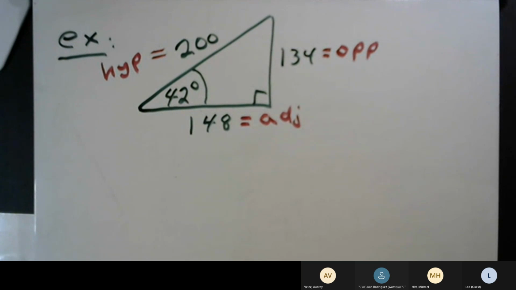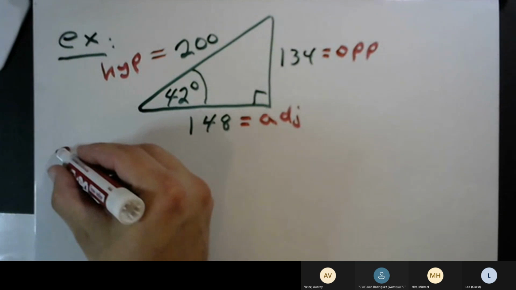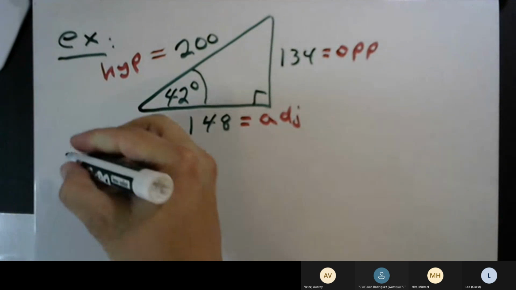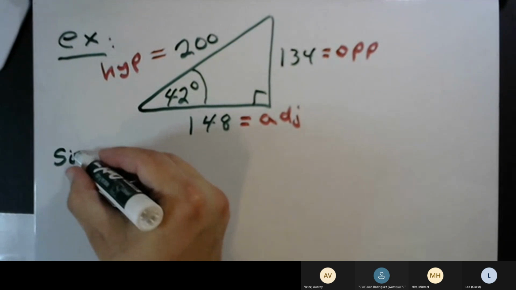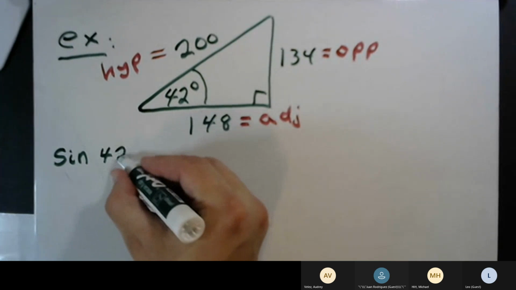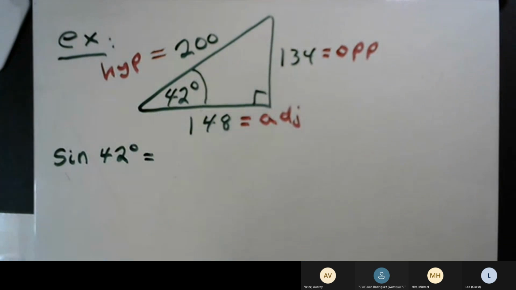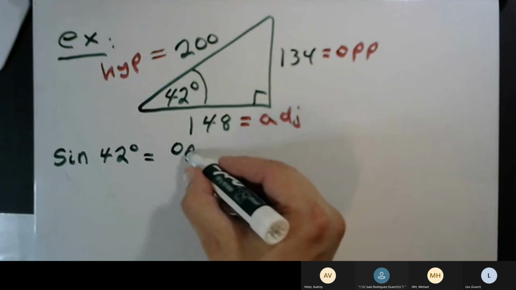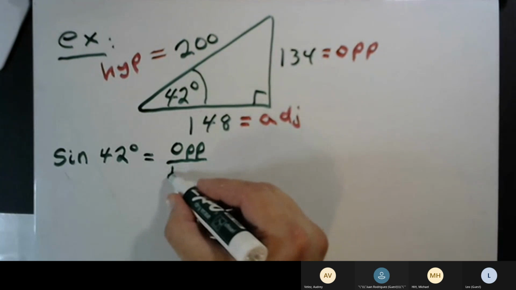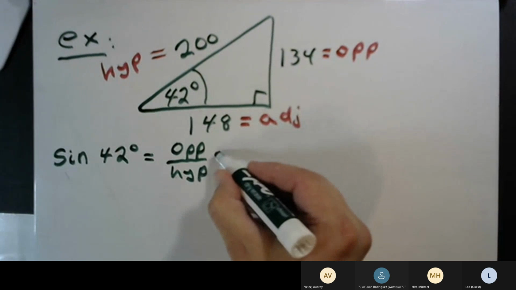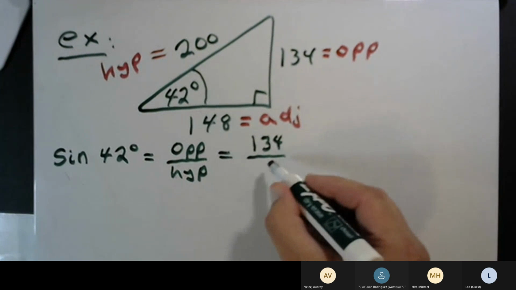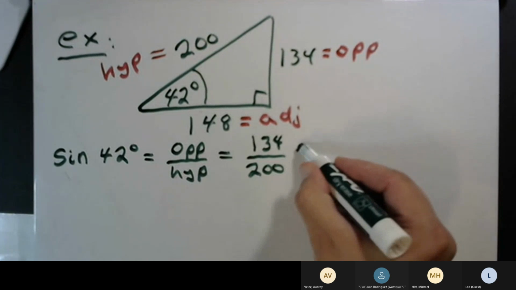So let's figure out some things here. Let's look for the sine of 42 degrees. Well, the sine is the opposite over hypotenuse, or in this case, 134 over 200.